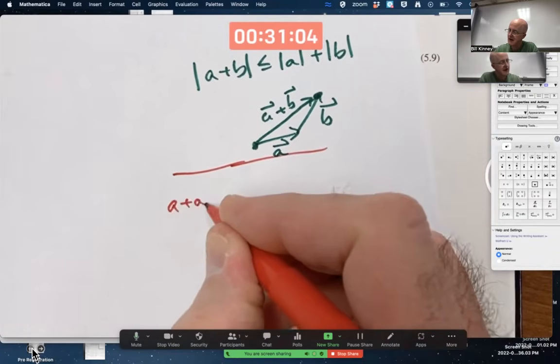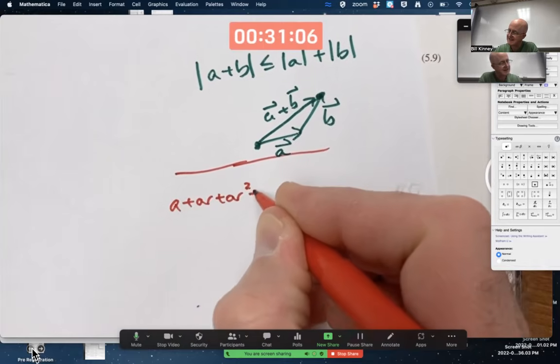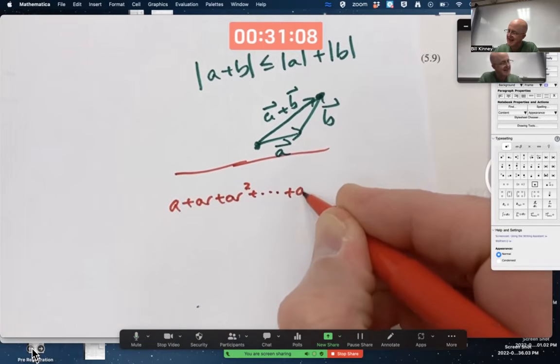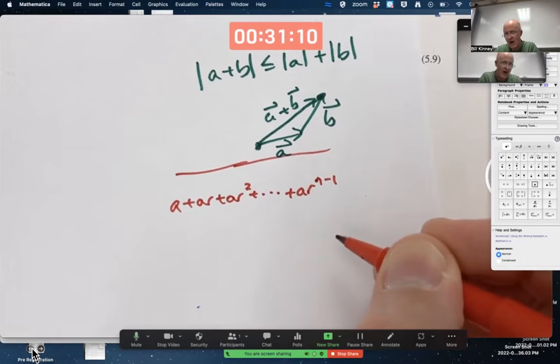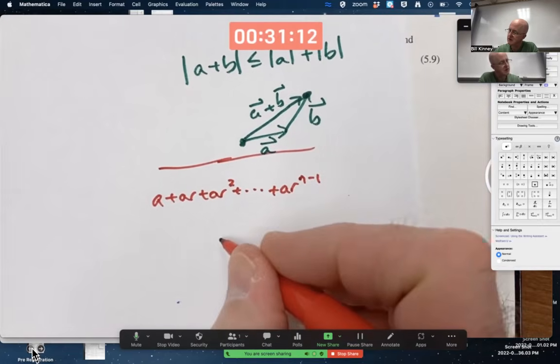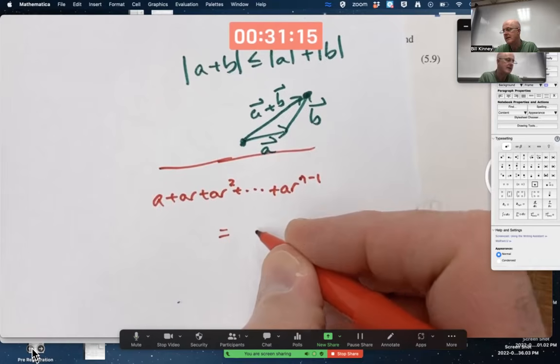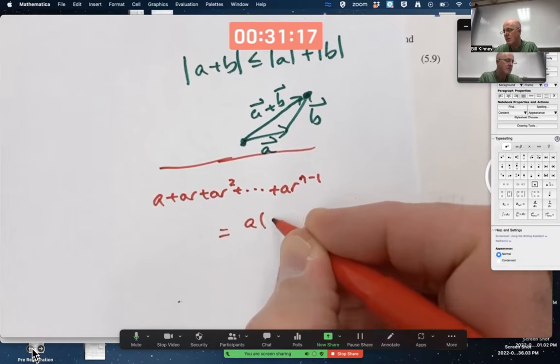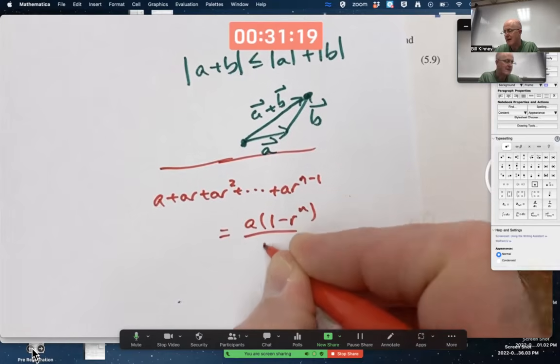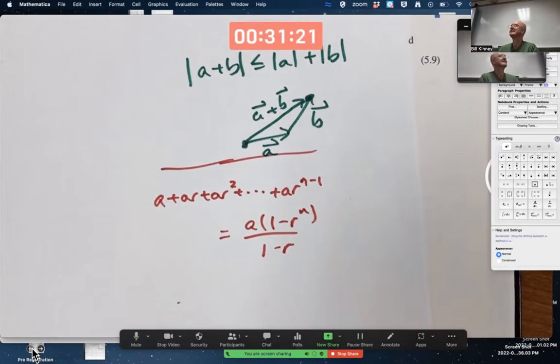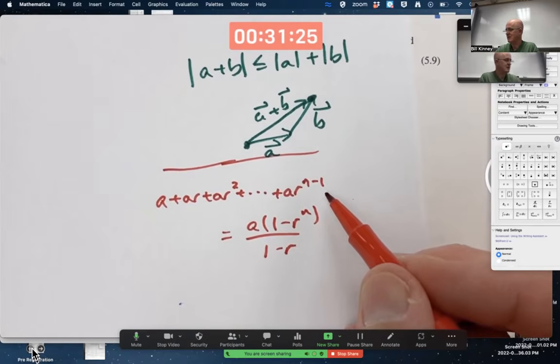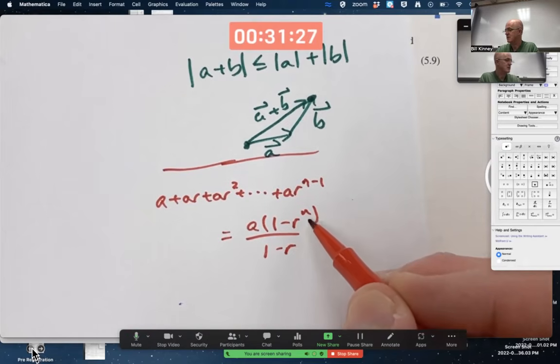A plus AR plus AR squared plus ... plus AR to the n minus 1 is the most typical last term written, equals A times (1 minus R to the n) over (1 minus R). You remember that from Calc 2? Maybe, maybe not. If your last term was A times R to the n, you would just make that exponent n plus 1 instead. It's the same idea.